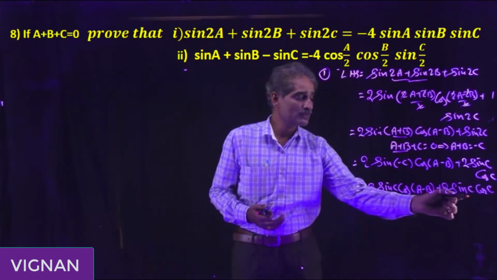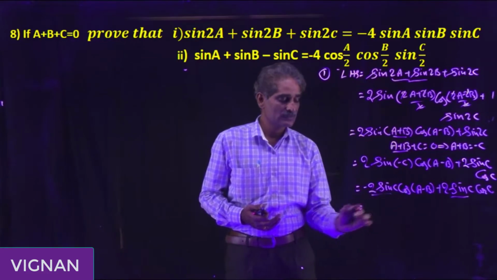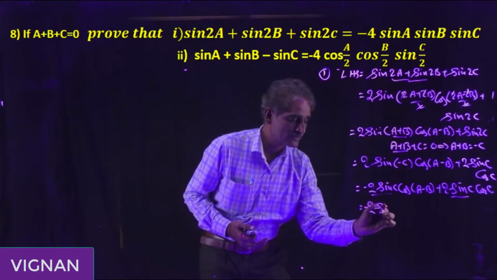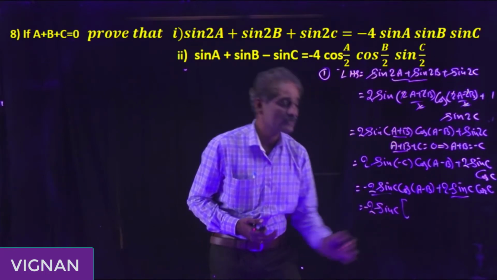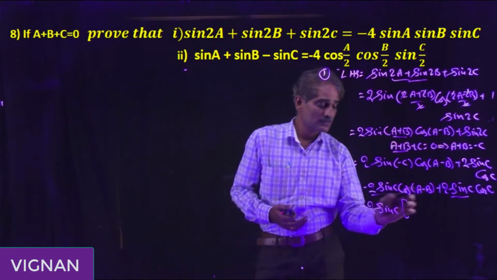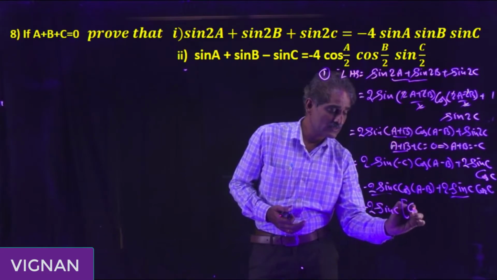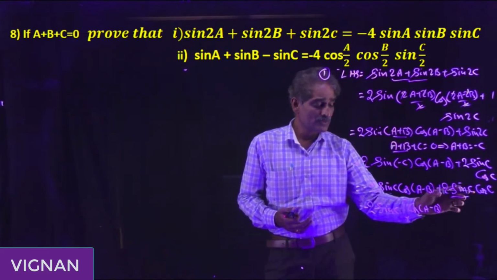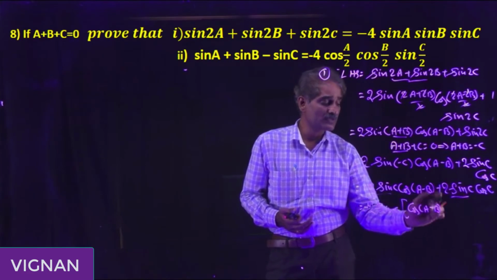So now take 2 sin c common. Taking minus 2 sin c common, the remaining is cos of a minus b, and here we get minus cos c.